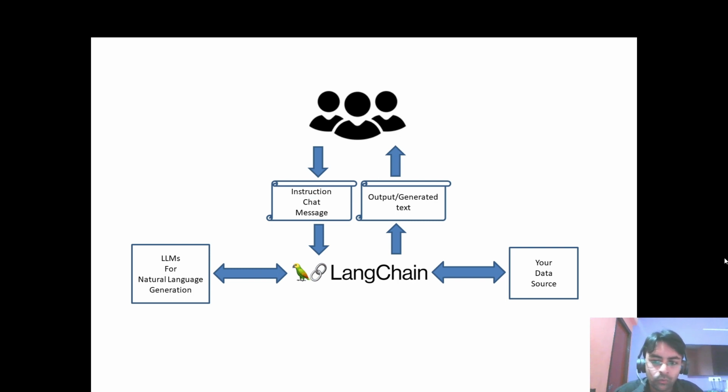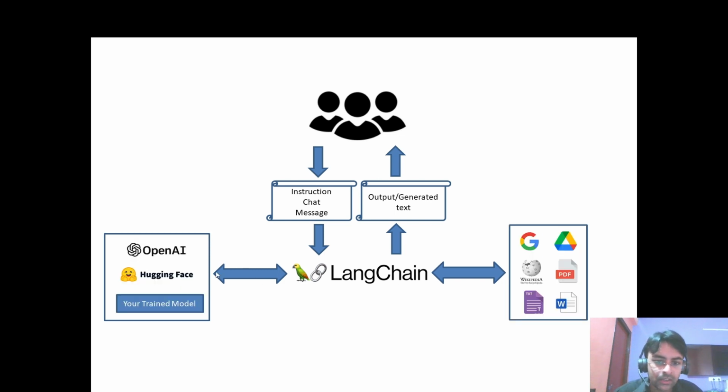So what data sources and LLMs can we use? Let's first understand. Here I have given some examples. There are many types of data sources and many types of LLMs available, but as an example I am telling you some of them.